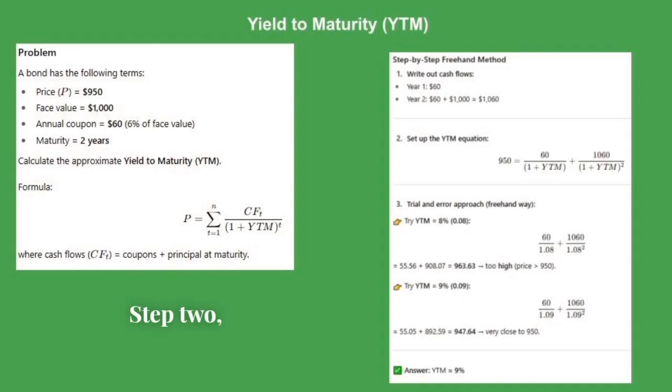Step 2, set up the YTM equation. 950 equals 60 over 1 plus YTM plus 1,060 over 1 plus YTM squared.